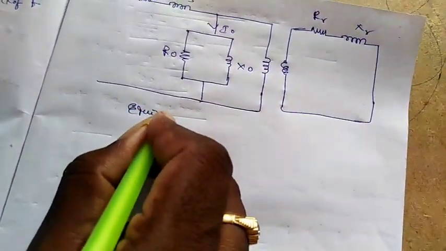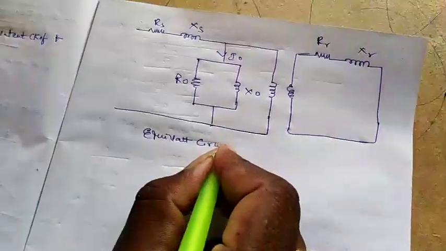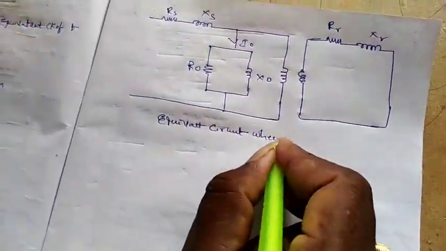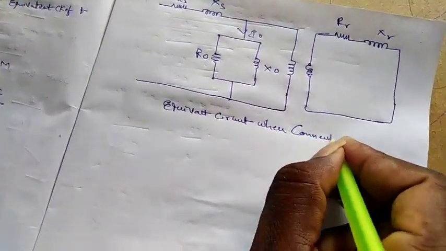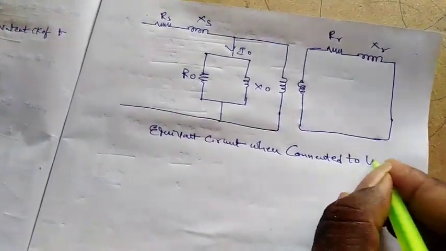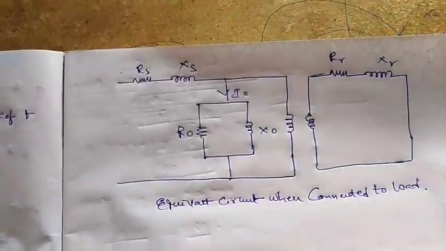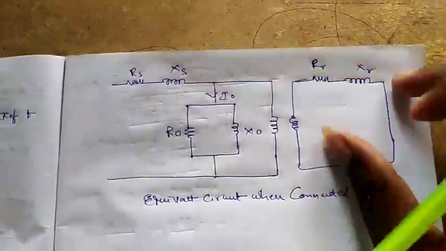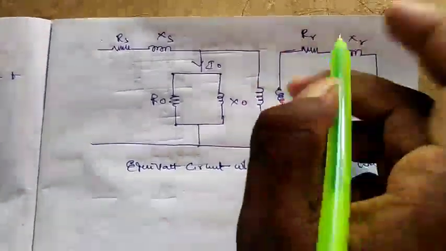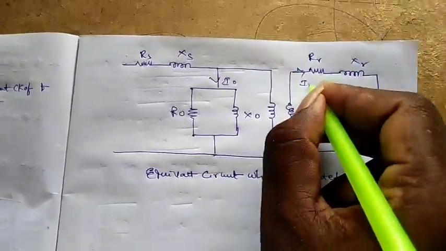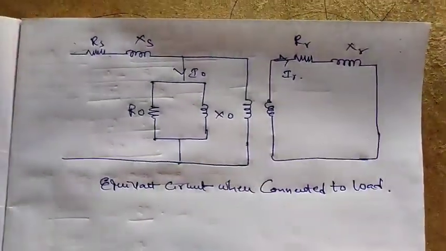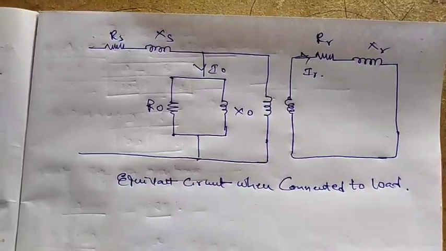Equivalent circuit when connected to load. That is, the secondary side is short circuited, and the rotor current is circulated.